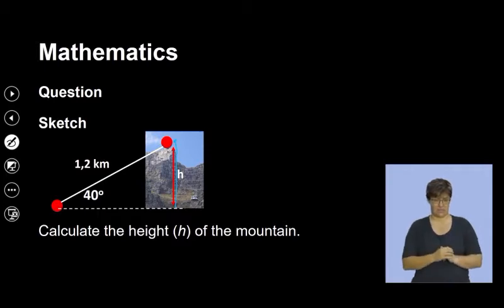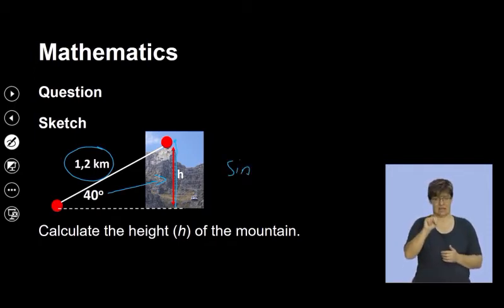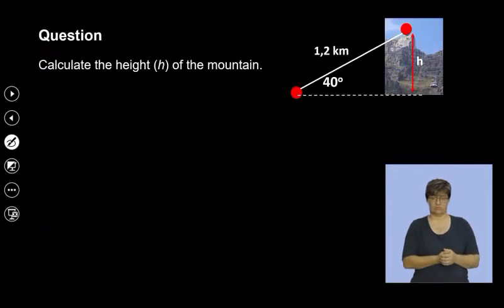So you can see here that, with the angle there, H is the opposite side and this is the hypotenuse. So you can solve this using the sine ratio. Right, so I'm sure that you can then do that. So let's quickly look at it.